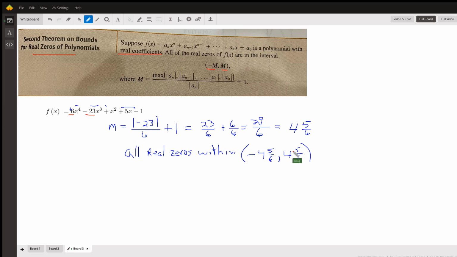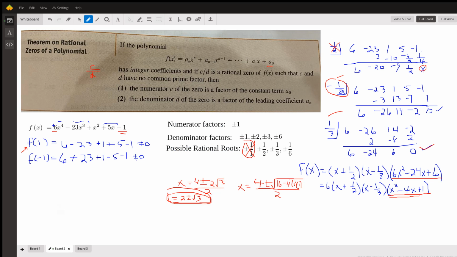And that turns out to be 4.5 or 6 for M. So all the zeros are within this interval, and all of our potential rational zeros by the rational root theorem are in that interval, so it makes sense to test all of those. And even the 2 plus or minus the square root of 3.